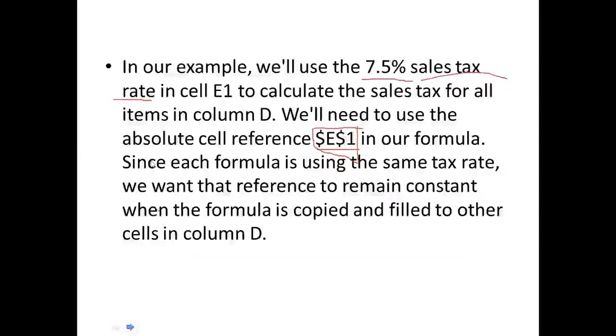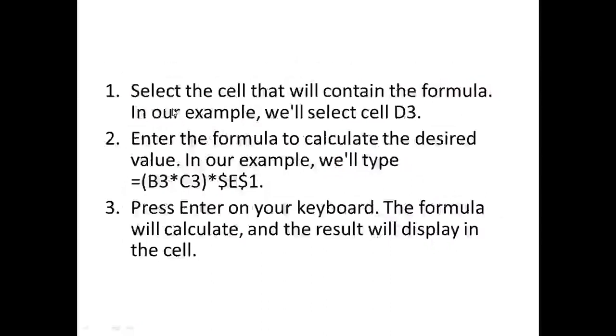So the next thing that we're going to do is that these are the steps that we have to follow when we are trying to use absolute referencing. Okay, step number 1: select the cell that will contain the formula. Okay, so we selected the cell first of all. And then the next thing that we're going to do is enter the formula to calculate the desired value.